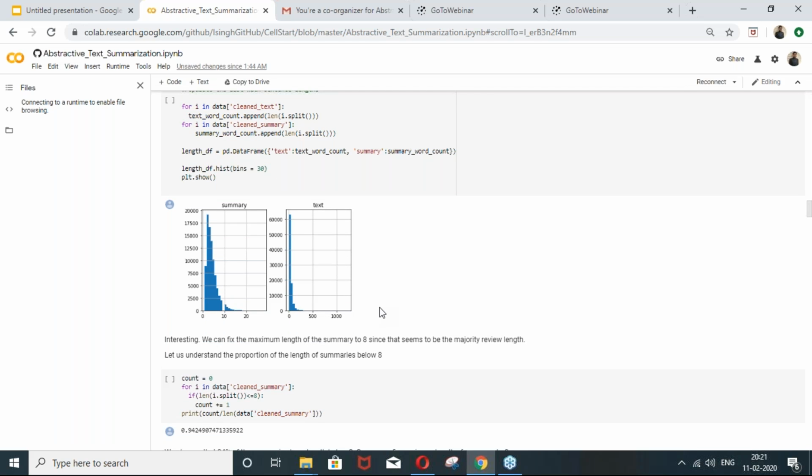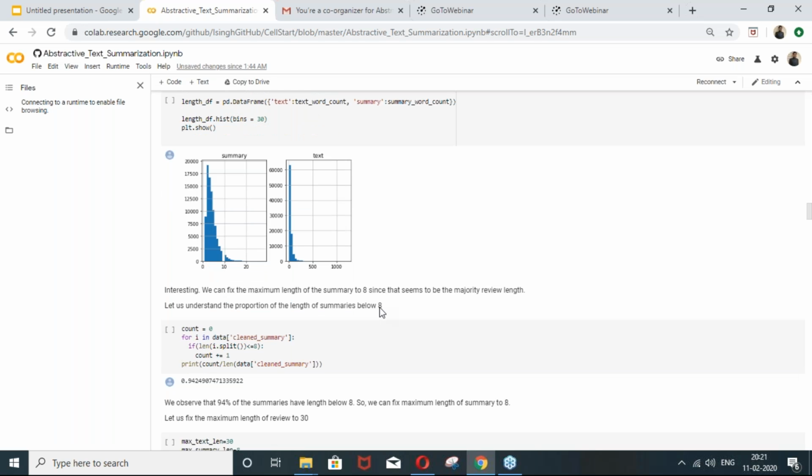So if you try to find out what percentage of summaries fit, we will fix it to 8. I will apply a for loop and if condition to see how many of the 88,000 summaries are less than or equal to 8. We found that around 94% are.